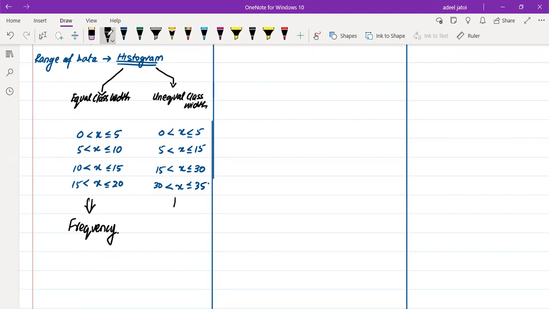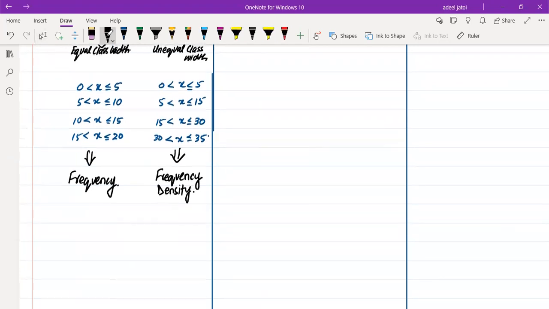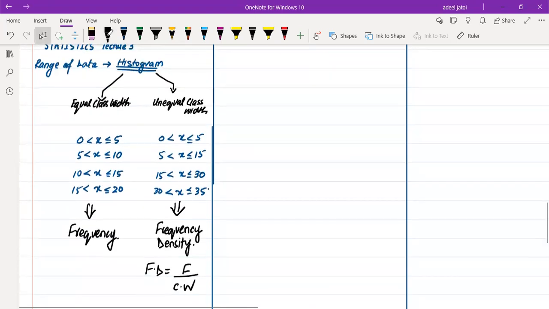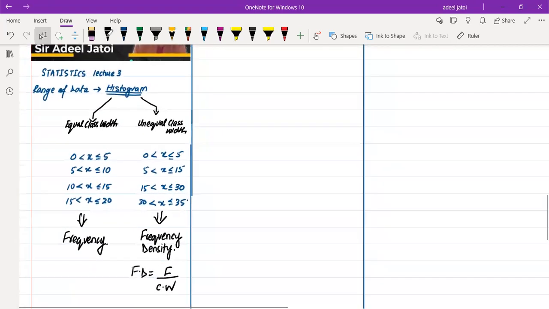Now, if the data has an unequal class width, then the histogram will be based upon frequency density. Frequency density is basically the ratio of frequency upon the class width of that particular class. So frequency density is the ratio of frequency upon the class width.